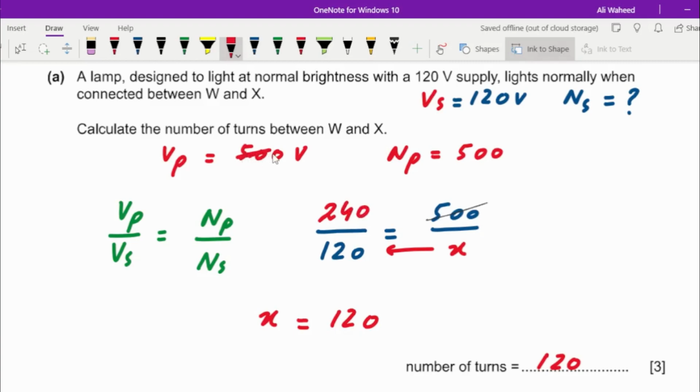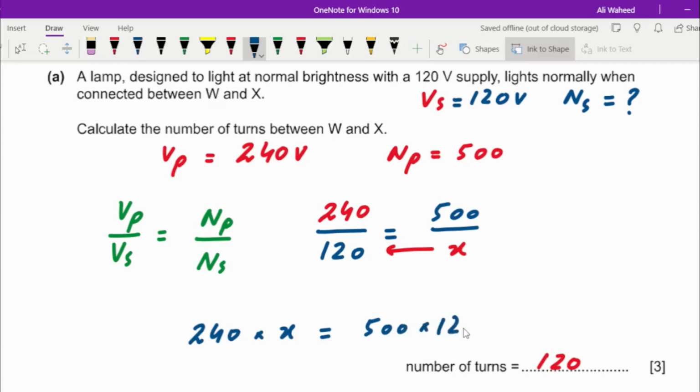Vp equals 240. So what you can do now is cross multiply from here. For the students who find the ratios problematic, you can just cross multiply. This would be 240 times X equals 500 times 120. From there you can find the value of X, hit it on the calculator, and let me know what we get.